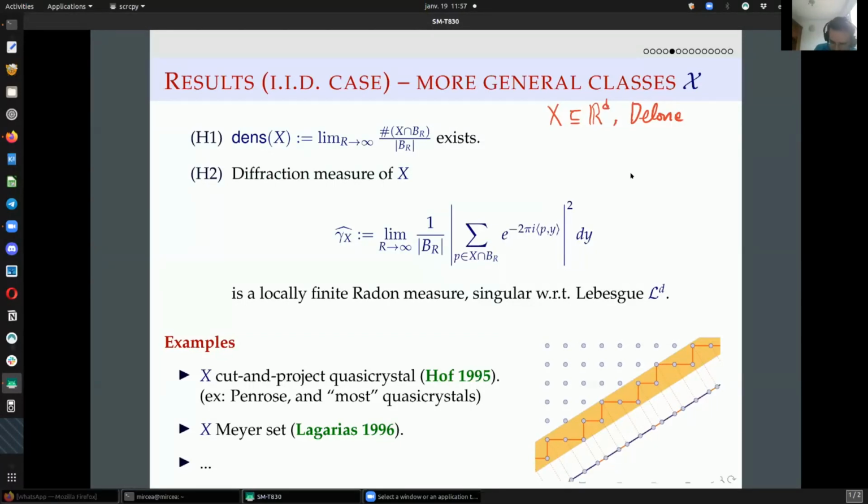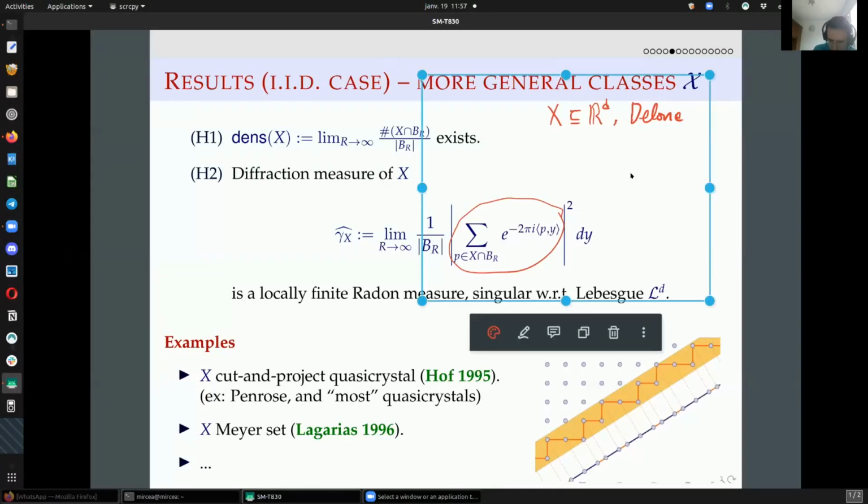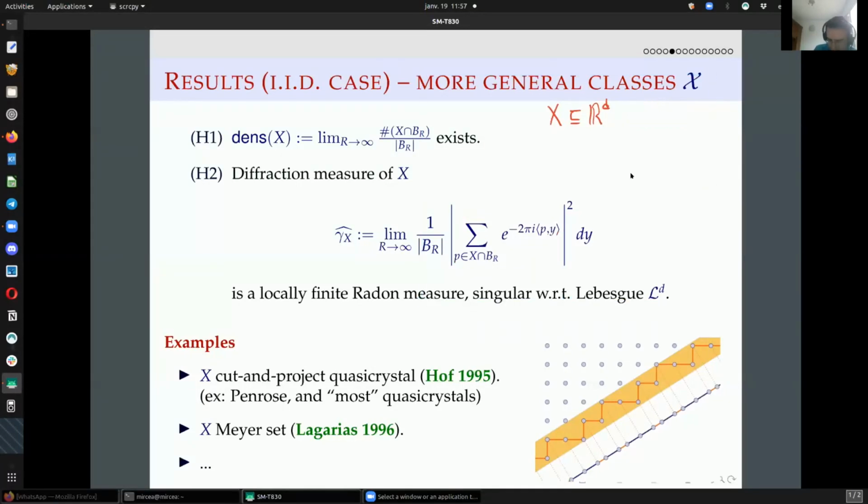The diffraction measure is defined like this. You have something like the Fourier transform squared: the sum over the points in a ball of e to the minus 2 pi i, p inner product with y, squared. This would be a function, but I consider it as a measure, so I put dy to recall that this is a measure. And then I take this limit in the sense of measures.